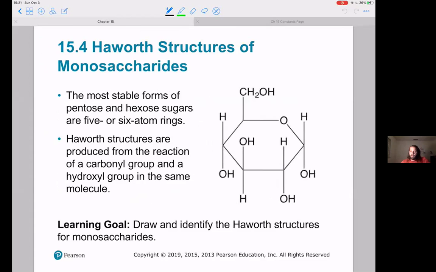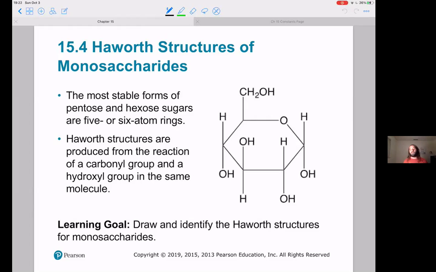This is actually the dominant form that sugars exist in your body. They exist more as these rings than as long chains, and these are the structures that your body's metabolism deals with. So when it links sugars together to make starches, disaccharides, or polysaccharides, it does so with the ring form. That's why these are really important.